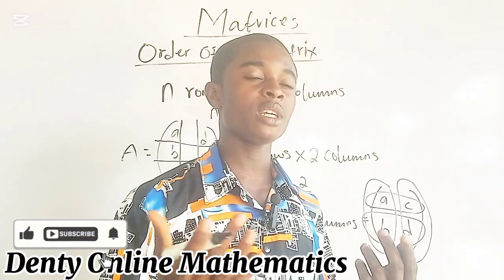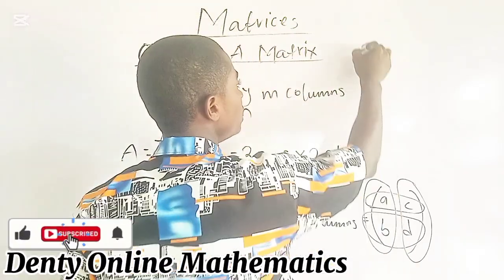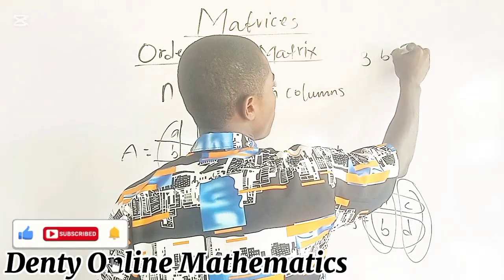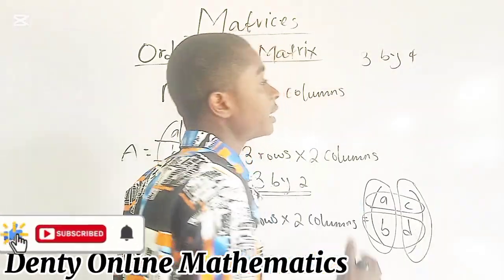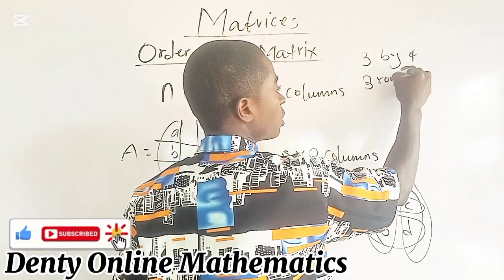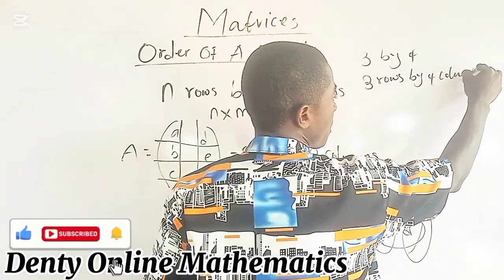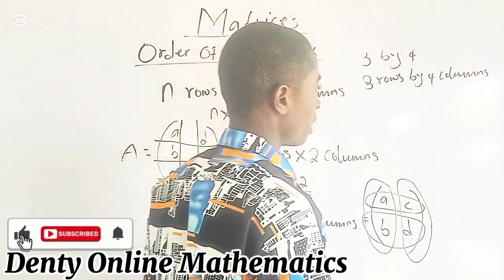Now, what if you're given a matrix in, let's say, 3 by 4? If you have 3 by 4 as the order, that means this is what? 3 rows by what? 4 columns. You get, this is 3 rows by 4 columns.